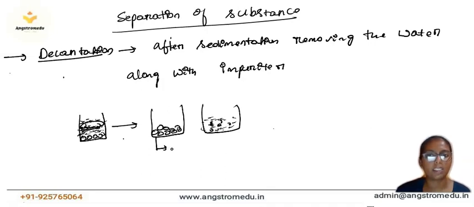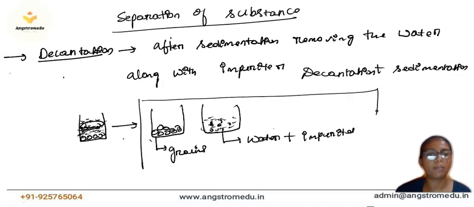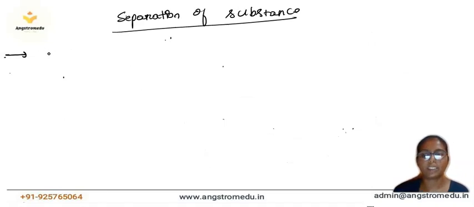So these are the grains. This is the water plus impurities. So that is decantation plus sedimentation. Sedimentation will always lead to the separation of the pure particles as well as the impure particles.